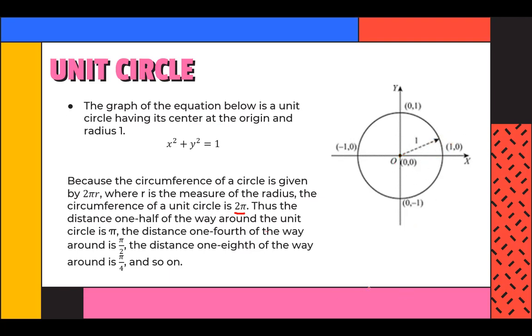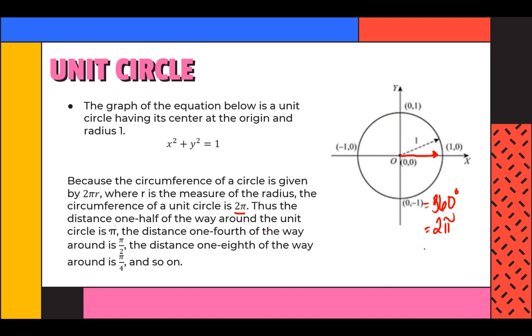Now, going back to the circumference of the unit circle. If we complete the rotation of a ray, it forms 360 degrees, or 2 pi in radian measure. Therefore, the measure of the circumference must also be equal to 360 and 2 pi.